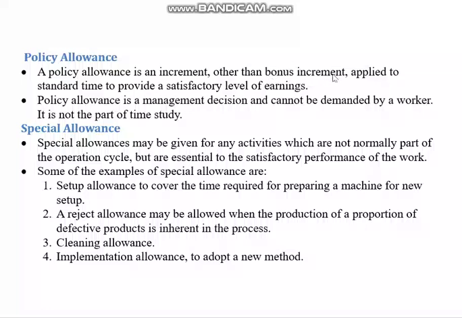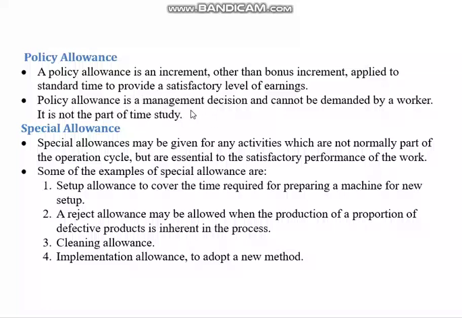Suppose you have to give an incentive to workers for increased production. Suppose he is required to produce 10 components and he is producing 12 components. He has produced 2 extra, because of which we give some kind of bonus, increment or incentive. Apart from that, there may be some other policy allowance, if the management is willing. This policy allowance is a management decision.